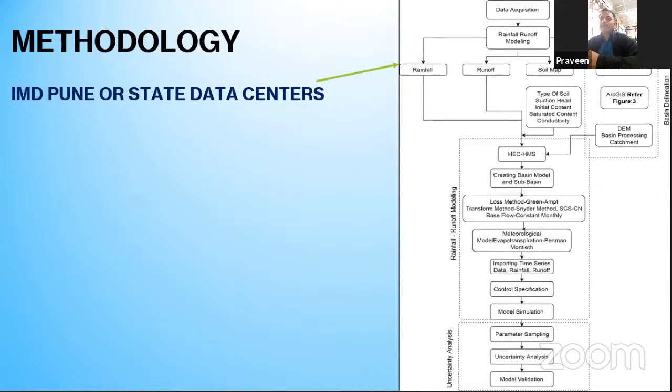In event-based rainfall, we simulate a particular event, and in continuous modeling we consider a long period of rainfall data, simulate the entire period, and see what the different changes or effects are on the watershed. So what kind of data we want depends on what kind of model we are interested in.